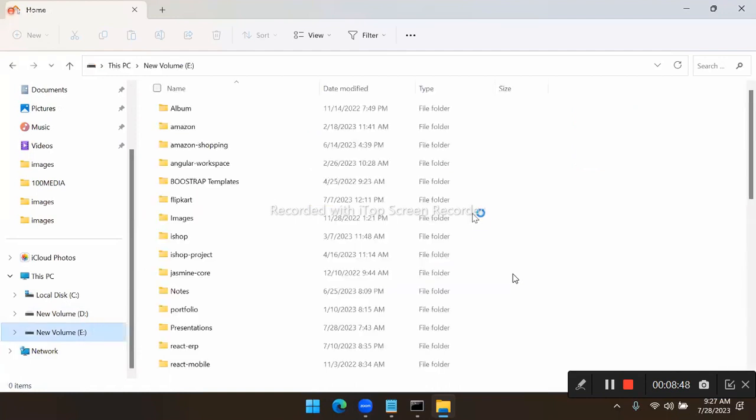Now in this drive, I need to search all PDF files whose file name starts with A. Not all PDF files, only the PDF files whose name starts with A. You know there is a search box here.